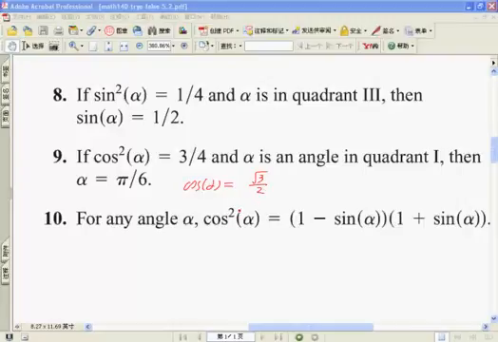Now, those guys who say true, how do you get alpha equal to pi over 6? Or those guys who say false, how do you disprove alpha equal to pi over 6? Now, say again, true or false? True.